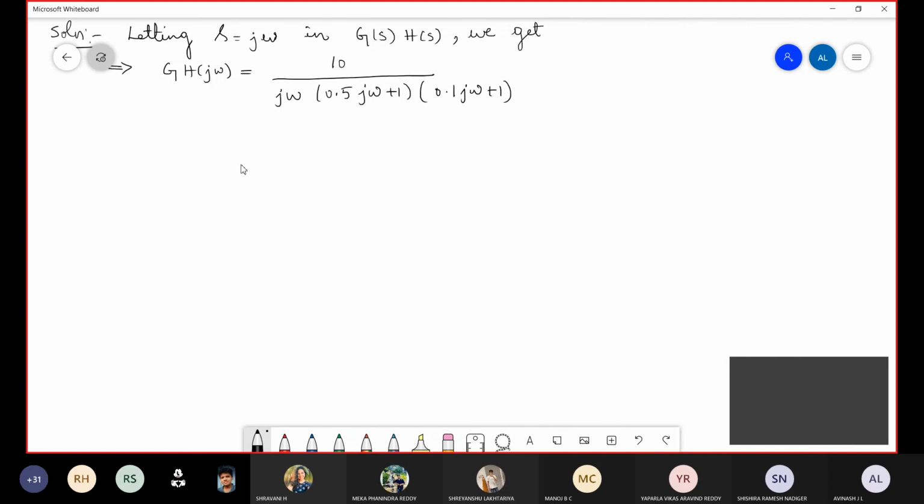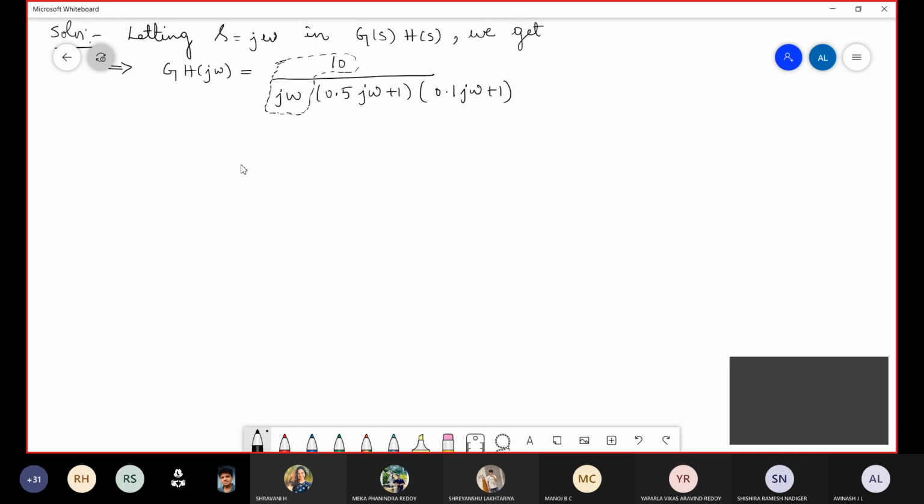So after that replacement, I told you that we need to calculate Y(jω). When we are considering Y(jω), you follow this process. Whatever the numerator gain is there, along with that, whichever pole is at the origin, that particular pole we need to consider.